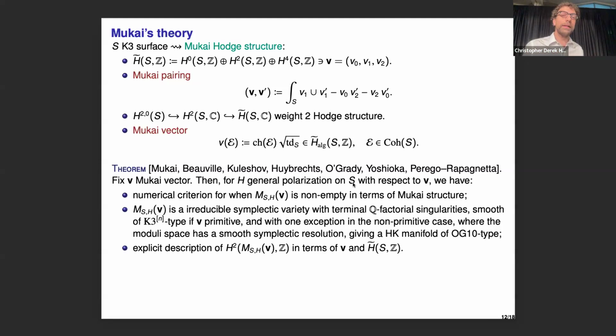And second, this gives you examples of irreducible symplectic varieties with nice singularities, which are smooth of K3^[n] type if the vector is primitive, and with one exception in the non-primitive case, which is OG10 type.